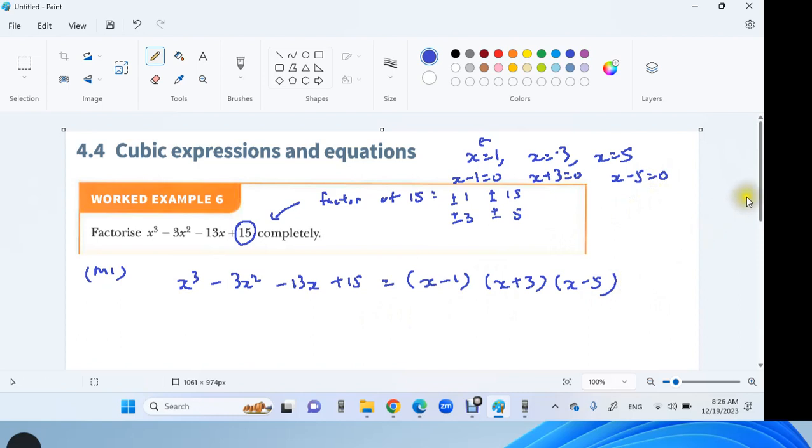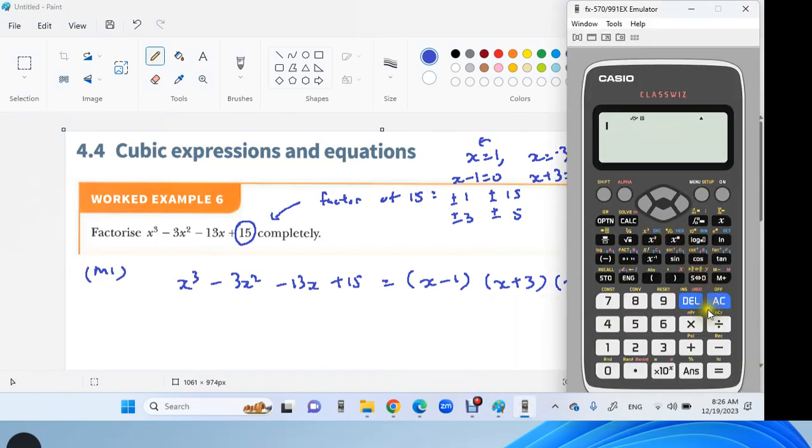But in the exam you cannot do it this way, because the examiner doesn't know whether you are doing trial and error or you are just simply using a calculator. The easiest way to solve this equation is to use the calculator. We press mode and then go to equation.